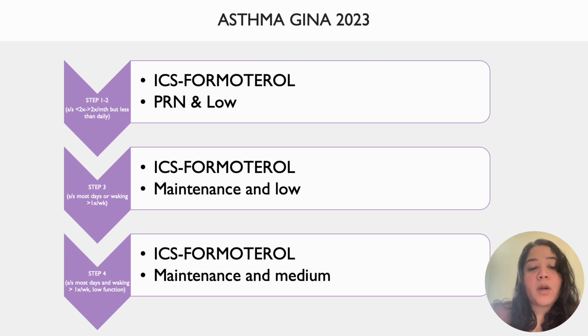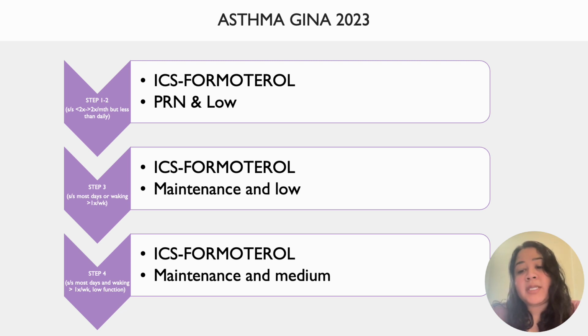And then step 4, they're having symptoms most of the day and definitely more often than they would like at night, and we're seeing low functionality in this specific area of the disease pathology. So we increase their ICS formoterol maintenance to a medium or a high, but really step 4 is where we should begin to consider perhaps referring out. Righty? The previous slide also mentioned step 5.